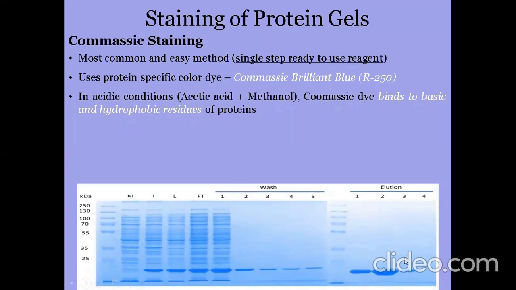Elution: in certain cases we use resins, for example if we have nickel chromatography, and the specific proteins will bind there.